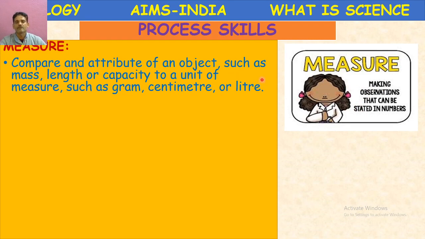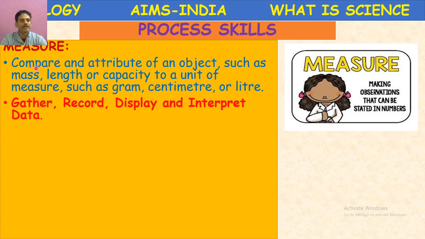Whatever you observe, you put on paper in the form of numbers: 5 centimeters, 10 centimeters, 10 grams, 100 grams, kilograms, kilometers, or liters, depending upon the requirement, the situation and the topic you have selected. First select the possible unit, and then proceed accordingly.